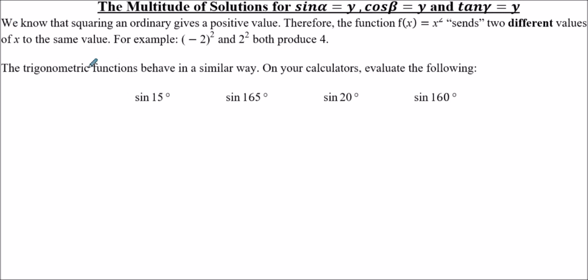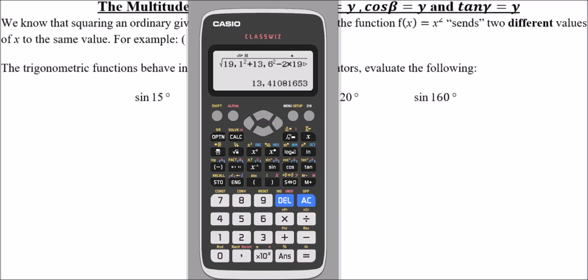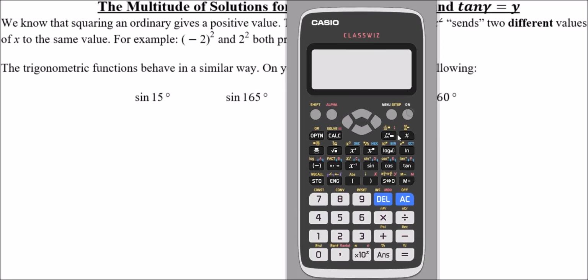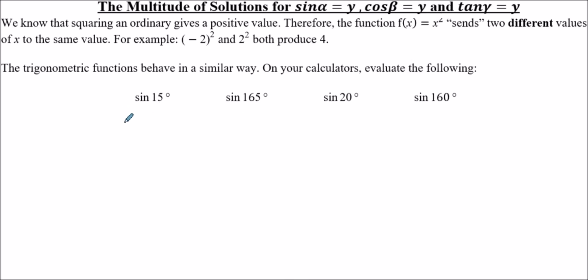So let's just think about these trig functions here. The trigonometric functions also actually behave in a similar way. So on your calculators, and you do this as well, let's work out the following. So what's sine 15? So sine 15 is root 6 minus root 2 over 4, that's an exact answer.